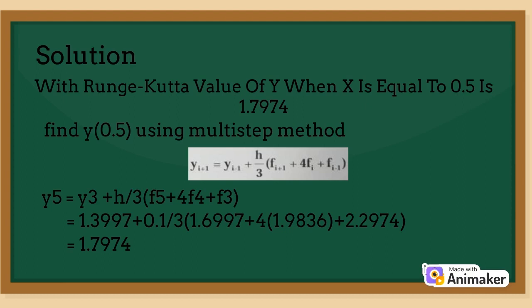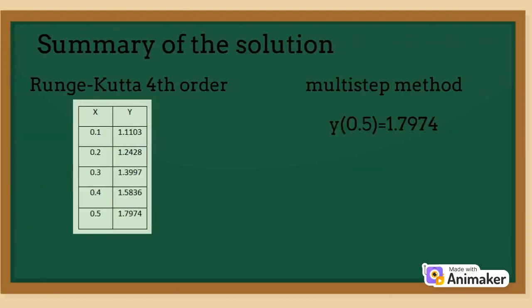To summarize the solution, when we use the Runge-Kutta fourth-order method to find y when x is equal to 0.5, there are 5 steps involved in the computation, and each step has an increasing value of y. We get the value of y5 as 1.7974 when x is equal to 0.5.